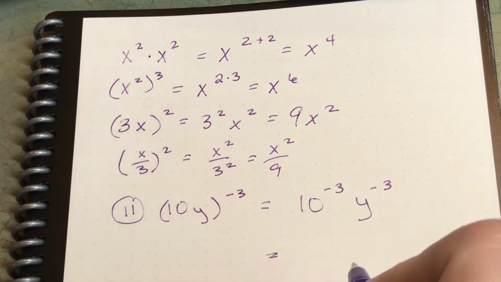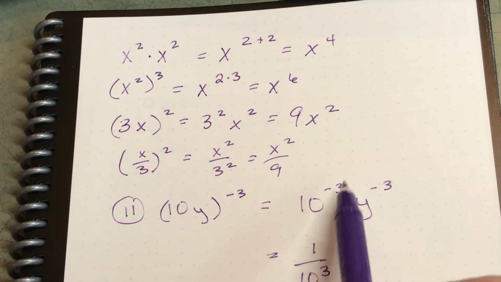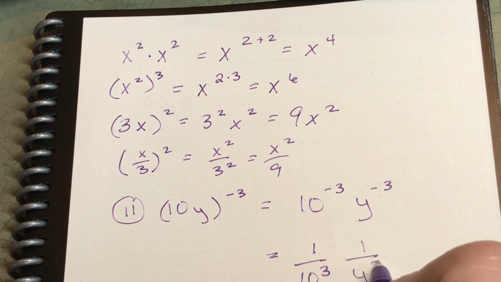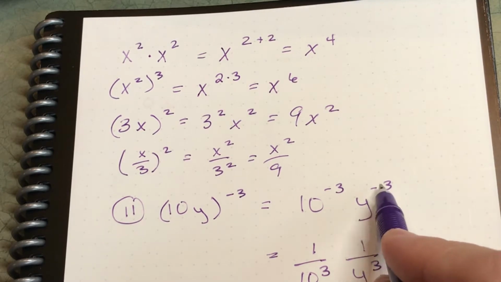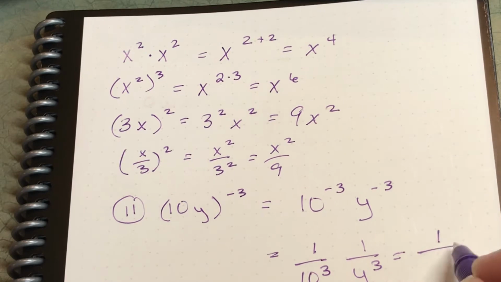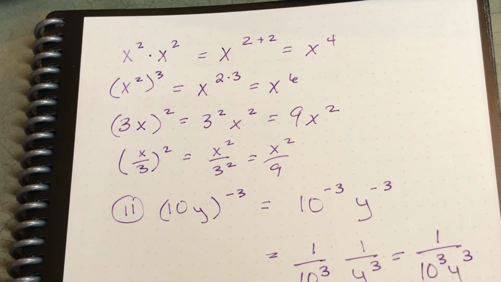So this is 1 divided by 10 to the third, so now we've gotten rid of the negative. And 1 divided by y to the third. Again, we've gotten rid of that negative exponent by flipping it to the bottom. So this is 1 over 10 to the third, y to the third. And you can leave it like this, or you could do 10 to the third power times y to the third.